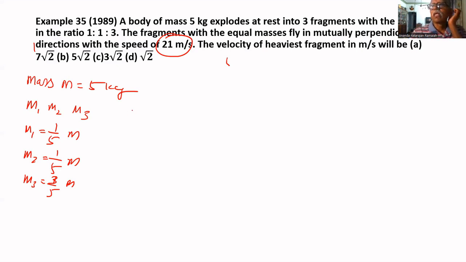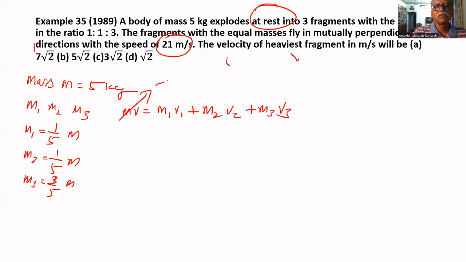Therefore, body of mass explodes at rest. Initial velocity is rest. Therefore, mv equal to m1 v1 plus m2 v2 plus m3 v3. This is equal to 0.